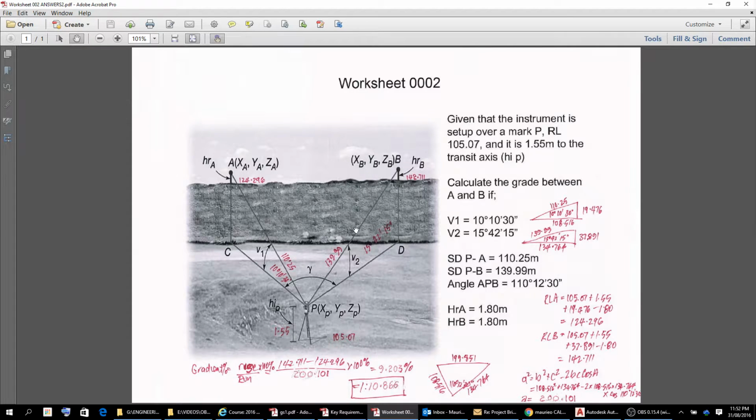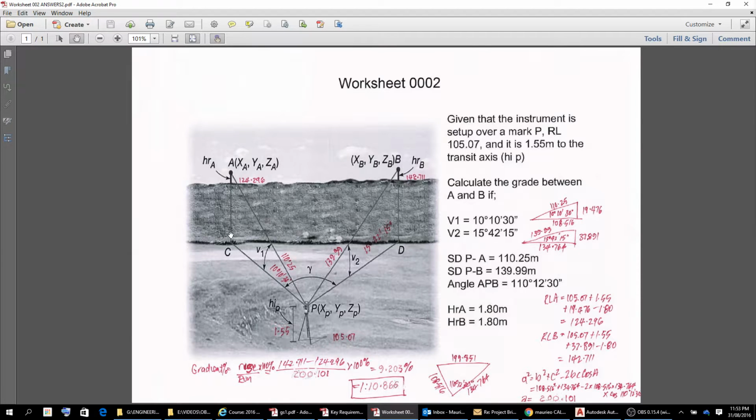Now that we have a horizontal distance, and we've got our two, we can look down in plan view at the horizontal triangle, which is PCD, or PAD.